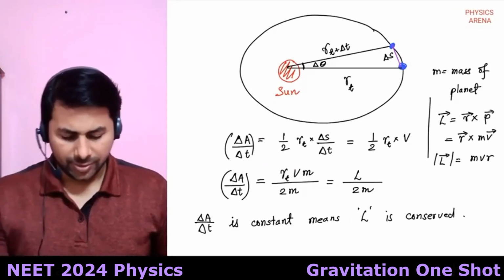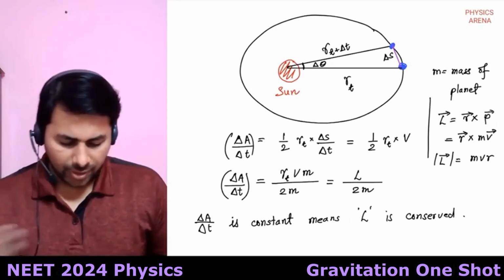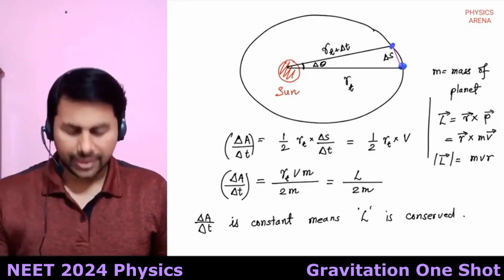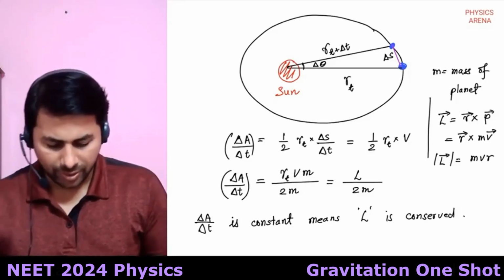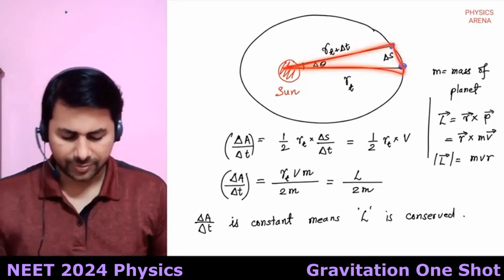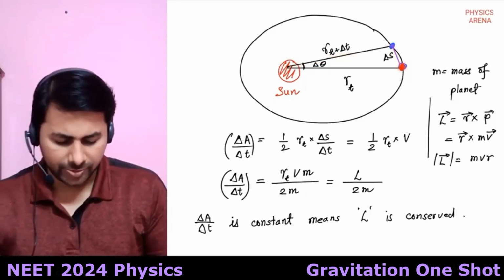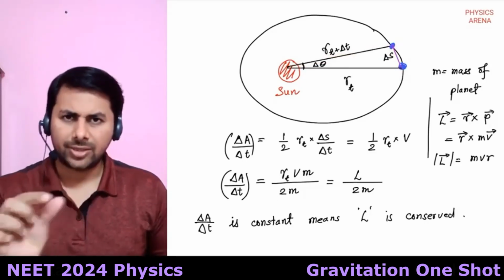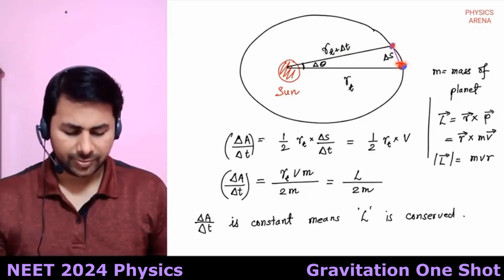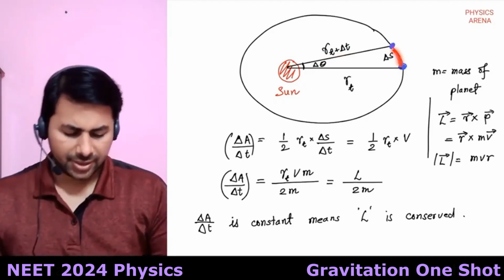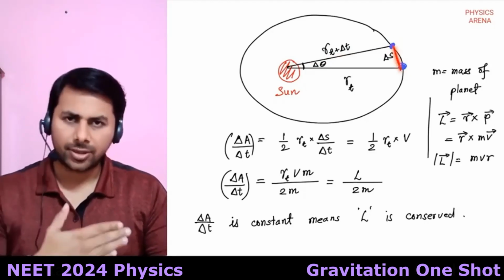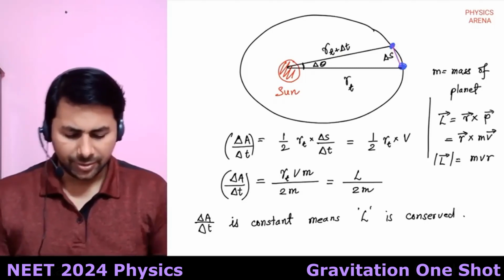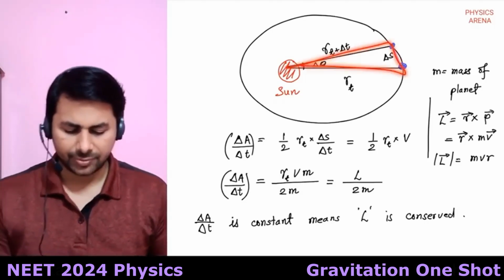Now see, earth moves through equal areas in equal intervals of time. Consider this much area, suppose earth moves from here to here, a very small movement. This arc is almost equal to the actual displacement, and now you have this triangle.